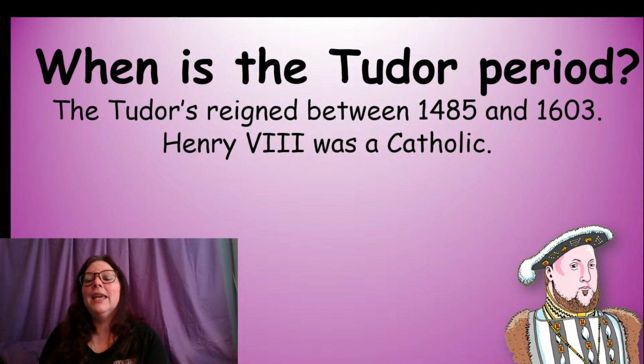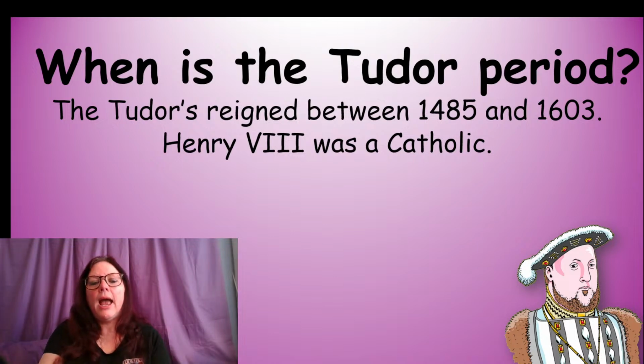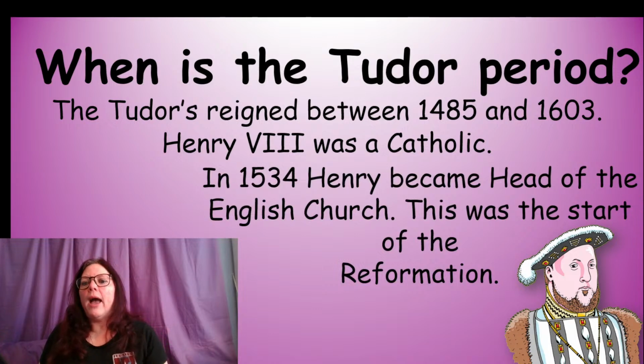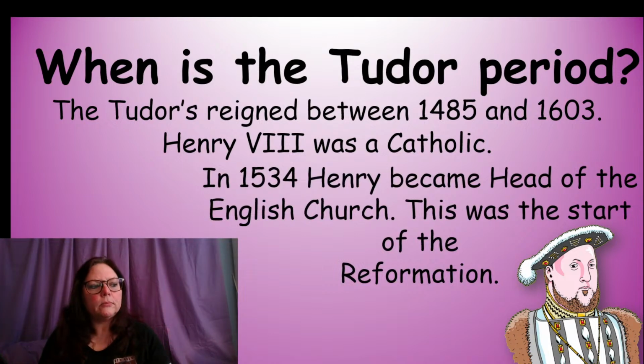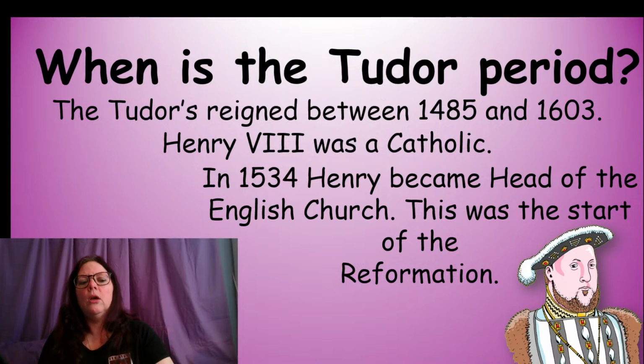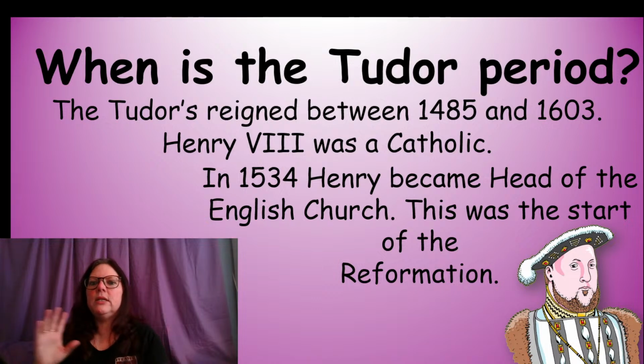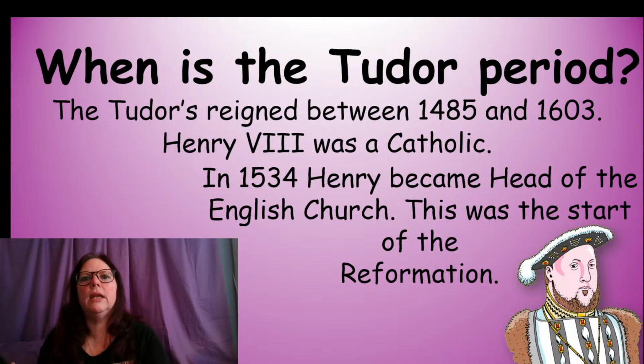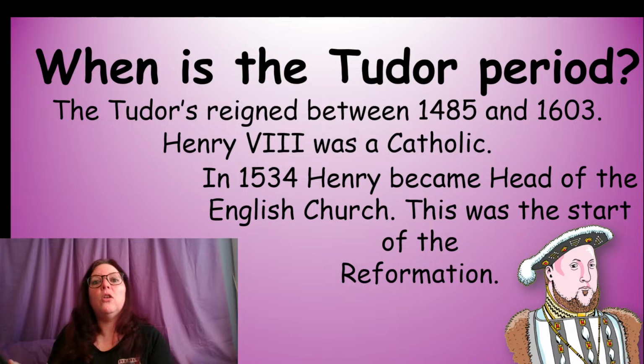So as king, he had all the money. He took all of the money from the monasteries, and we call that the Reformation. It's the reforming of the church. All of these monasteries and church lands were closed down and dismantled. You'll see ruins of abbeys and monasteries all across England that you can visit, a lot of them owned by English Heritage and people like that.